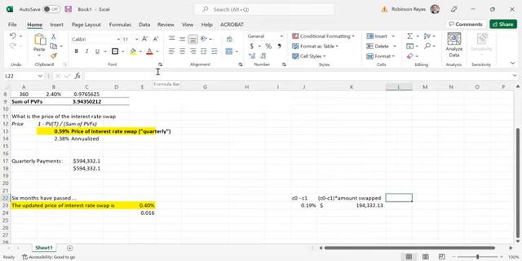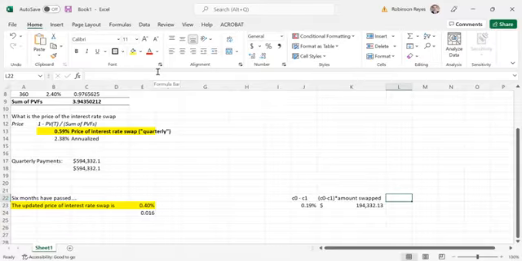Why? Because we are going to receive $194,000 over the next quarters, and basically the value, what we can consider the value, is just adding those. So 4 quarters times 194,000, then that would give us the value of our swap.